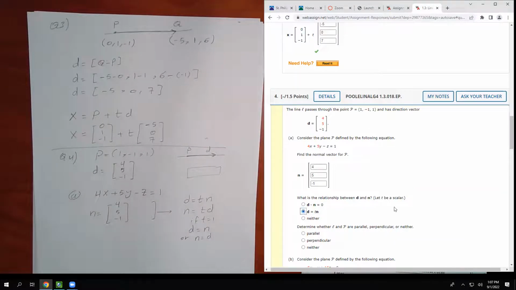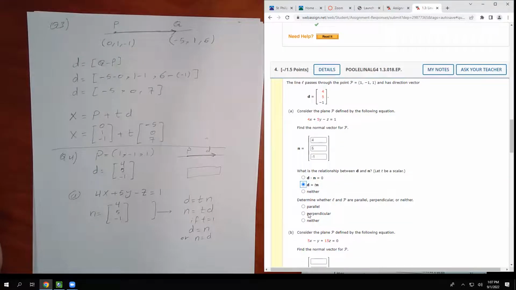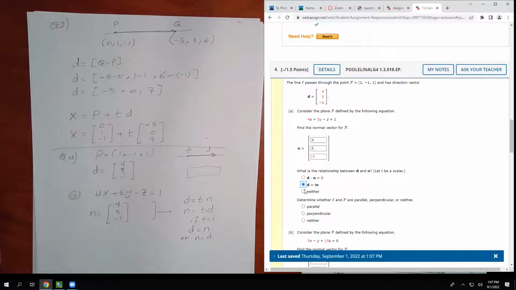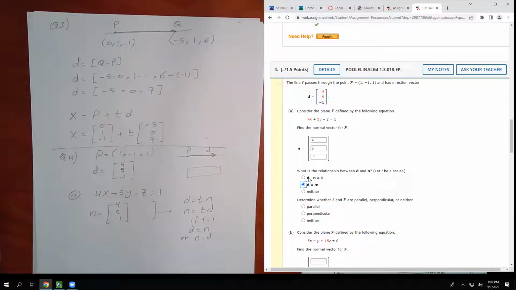So I'm going to choose this one. But the important thing is this option, because it depends on whether the dot product between these two vectors equals 0, or whether D equals T times N. I'm not going to care about T, T is a scalar.